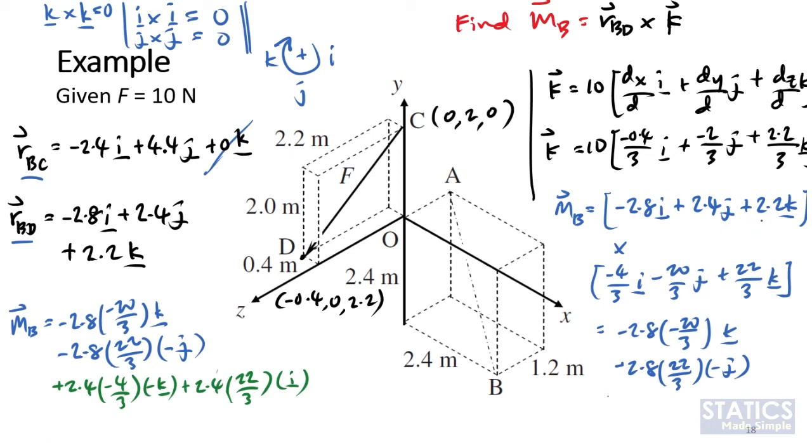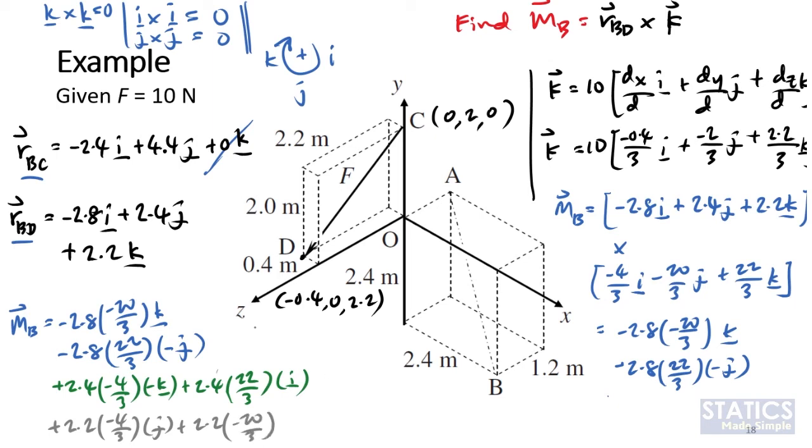And lastly, we have 2.2k. So we have plus 2.2 times minus 4 over 3. ki will give you positive j. Again, 2.2 times minus 20 over 3.